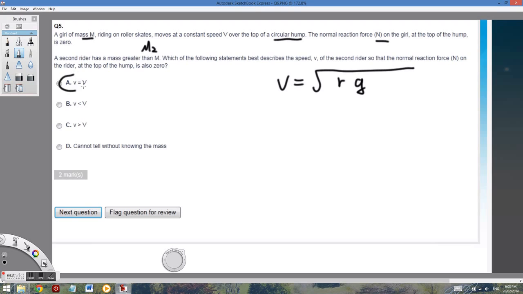So your answer will be A. If this is an explanation question, you can write down this equation and use it to explain. Since mass is not relevant, the velocity will be the same, because the radius doesn't change and the gravity doesn't change.